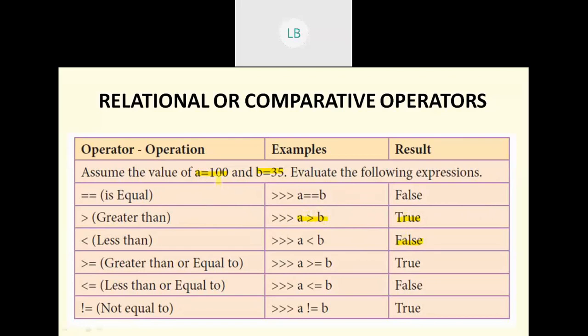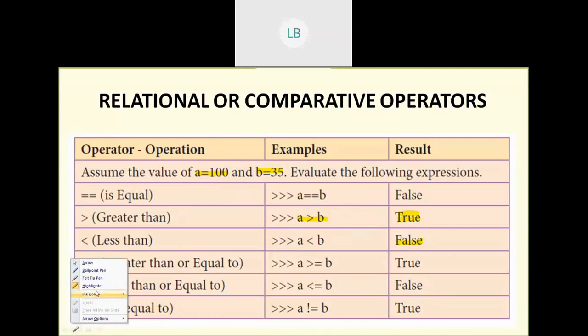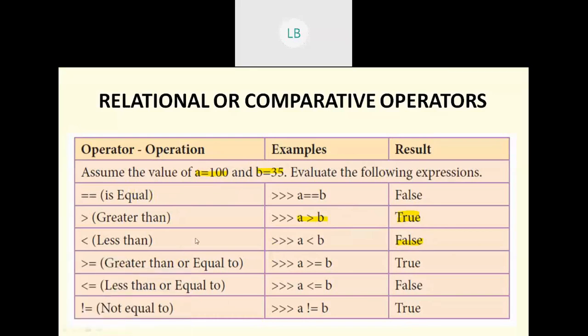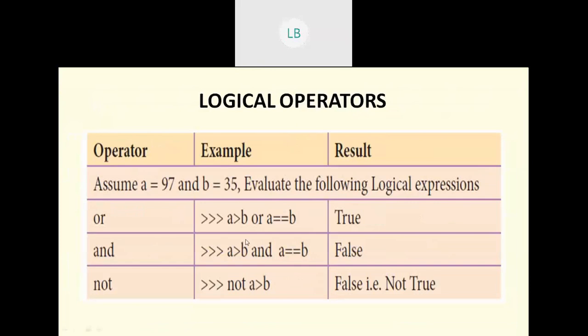In this example, 100 is greater than 35, so your result will be true. So arithmetic operators will give you some answer in terms of values. Relational operators will give you either true or false as a result.